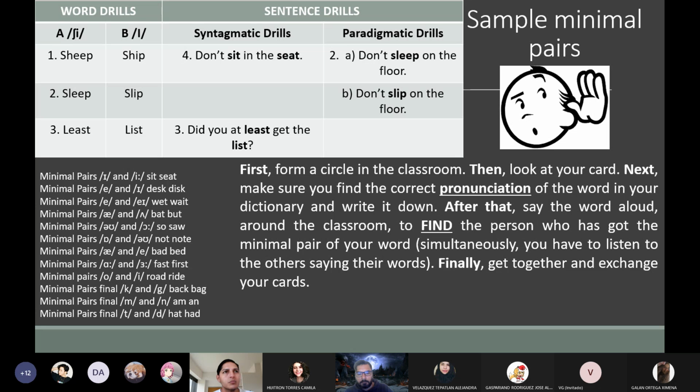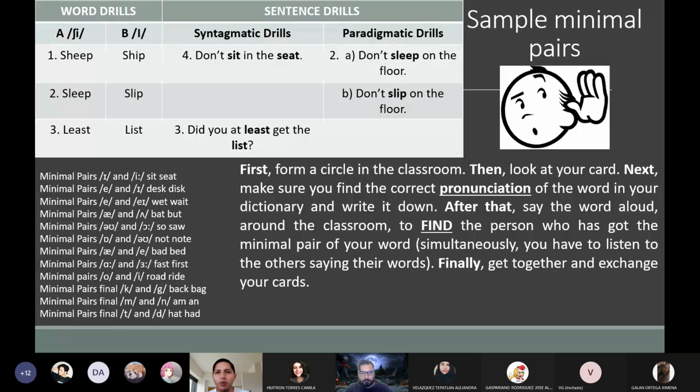However, you could do it at home with your family, maybe, or with your friends, with your neighbors. You can start designing a couple of flashcards for minimal pairs, describing the pronunciation in detail so that everybody can be sure how to pronounce the word.